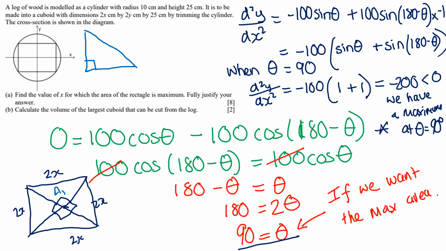These two here are radiuses, so they're 10 and 10. We know this is the 2x, so with a bit of Pythagoras, 2x will equal the square root of 100 plus 100, which is 200, and then divide it by 2.